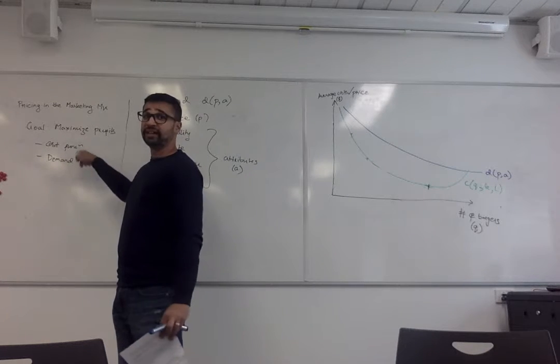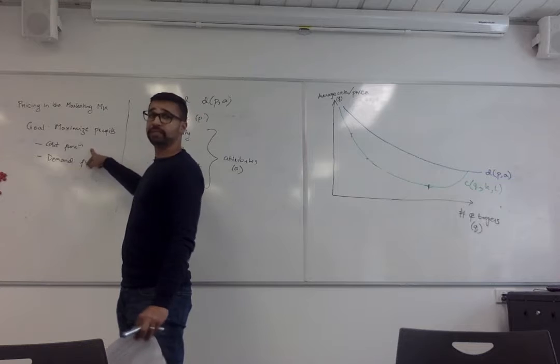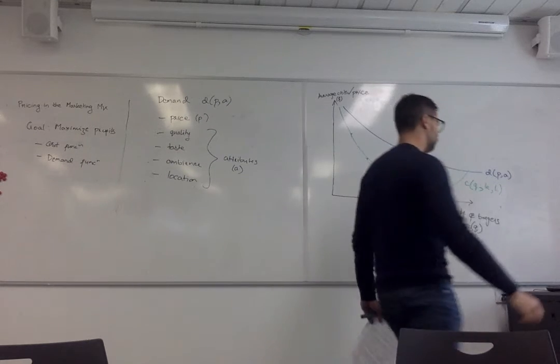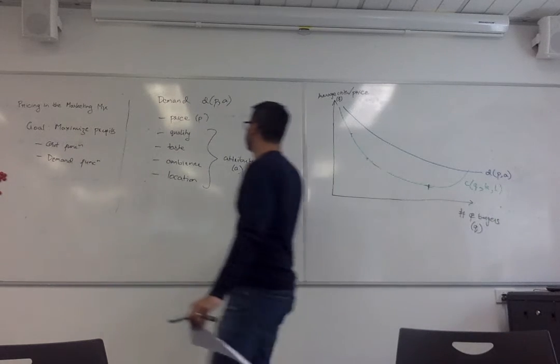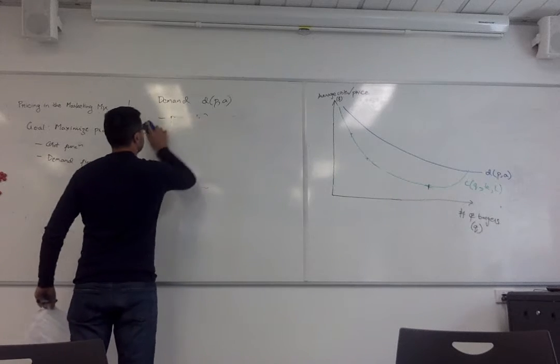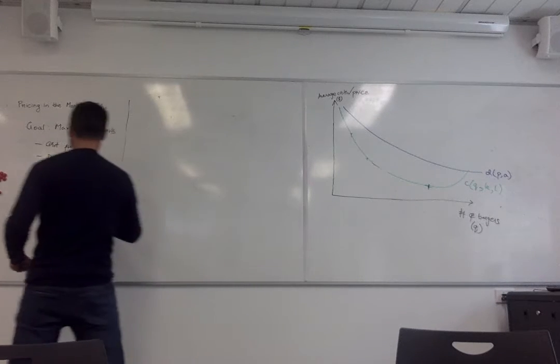Once you understand both the cost and the demand, you can start to put these two pieces together to understand what the optimal pricing should be in this case. And so let's do that next.